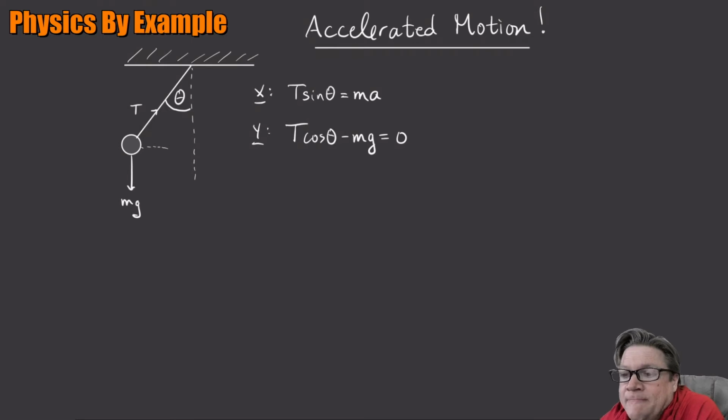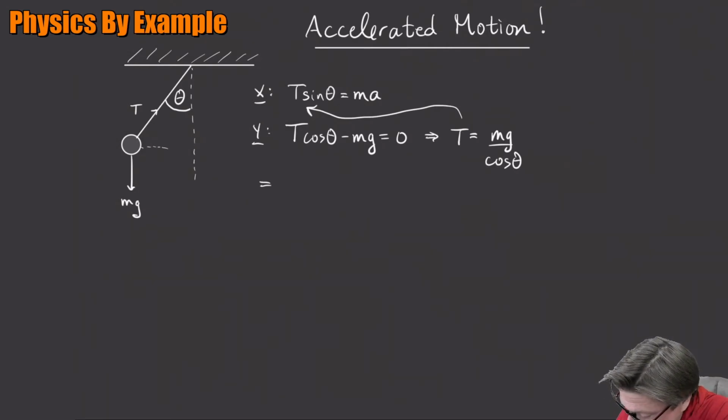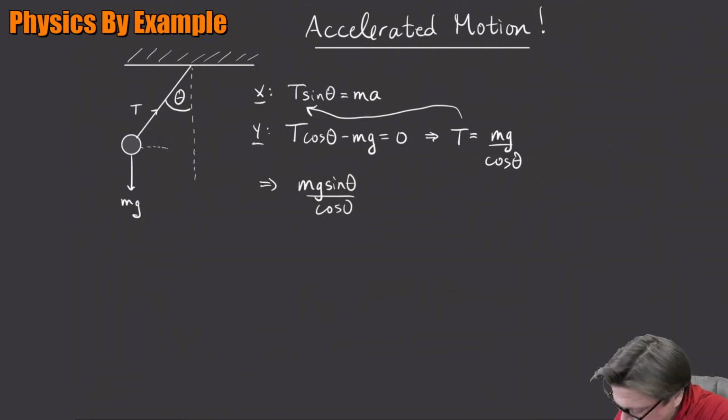All right. So in that case, I'm not trying to find the tension right now anyway, but let's solve for T. T is just going to be mg over cosine theta, and then I'm going to plug T right in there so I can figure out what a is. So it looks to me like this is going to be mg sine theta over cosine theta equal to ma.